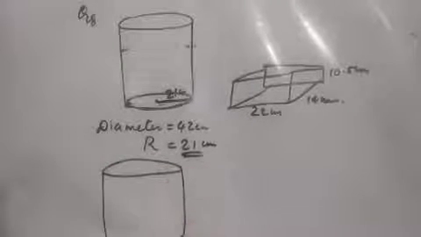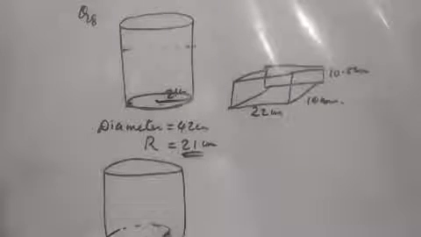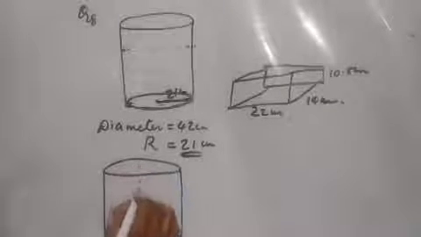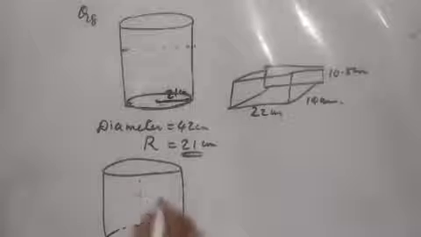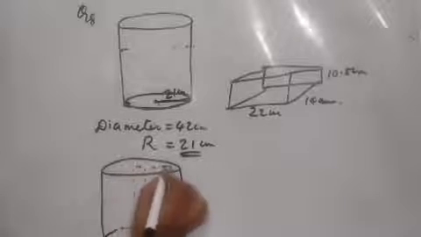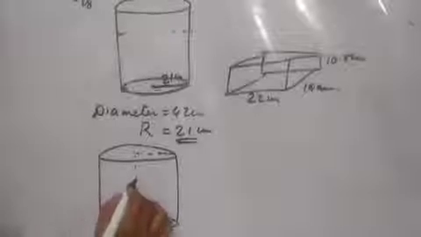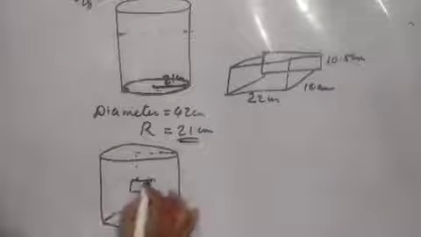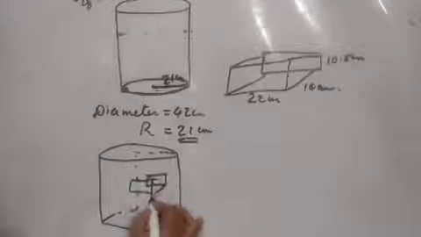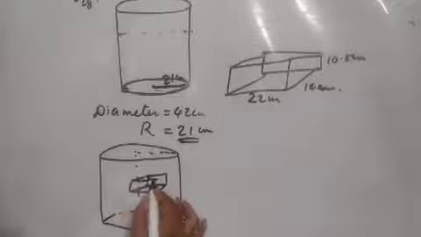When we submerge this block into the cylinder, what will happen? Yes, the water level will rise up. This is the cylinder, and we are going to put this rectangular block into it.